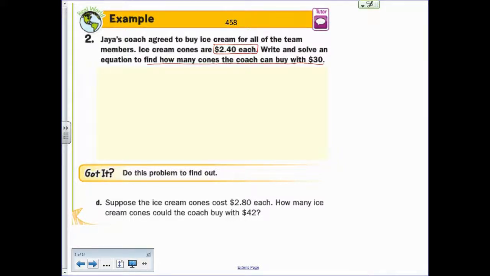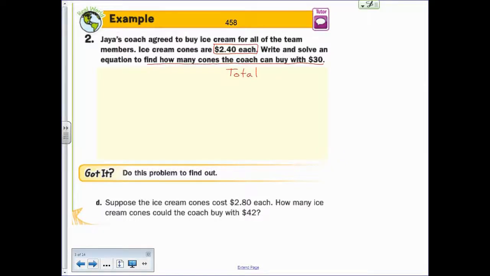So as we've been doing word problems in this chapter and writing equations from the word problems, I've asked you to first look at each number and decide what those numbers could possibly be. So we might be looking for a total, which would stand by itself on one side of the equal sign.